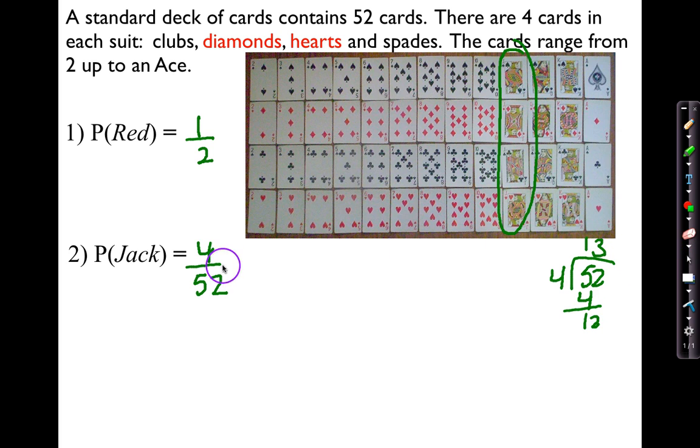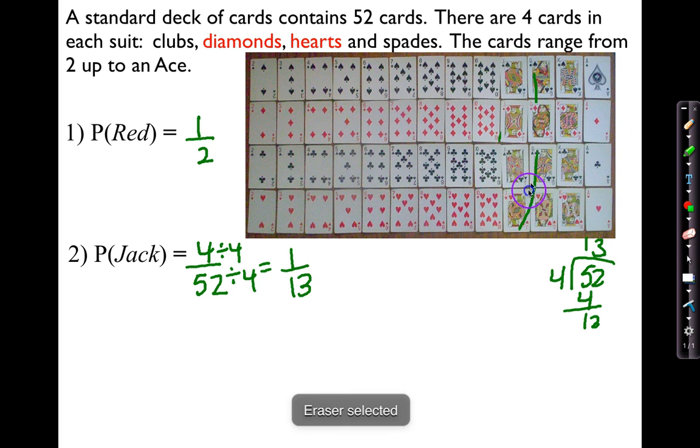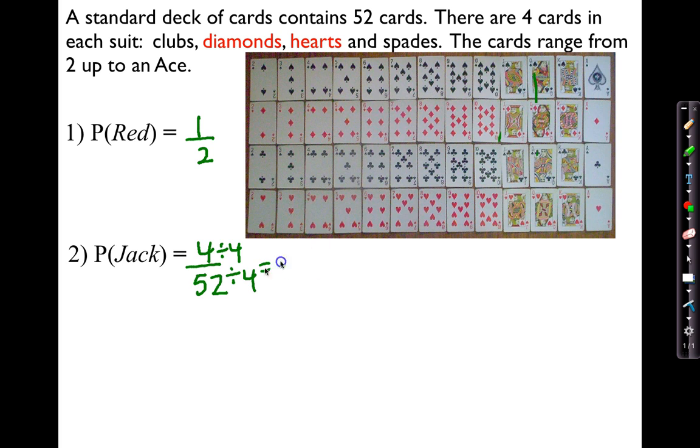It's 13. So I'm going to go ahead and divide by 4. And that's going to leave me with 1/13. So my probability is 1/13. Okay, so let me just clean this up a bit. I'm just going to go ahead and rewrite this as 1/13.